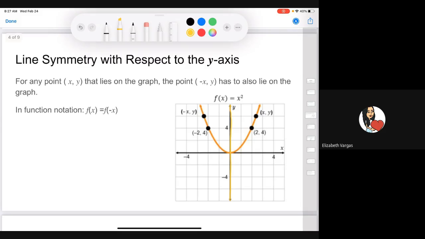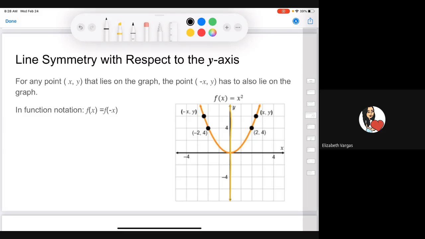Okay, so as you can see, it kind of looks like we reflected that line over that axis to create that other line. And as a result, for every x, y point on the line, the point negative x, y has to also lie on the graph. So basically, this is what we get for an even function.